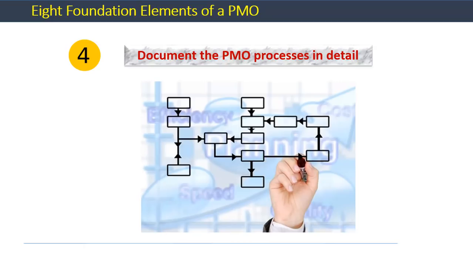So while the PMO Charter simply identifies the PMO processes that will be part of the PMO, the extent to which the PMO will institute those processes should be highlighted in this step. As another example, the PMO may limit its procurement activities for certain items related to its operations, but may not, for example, concern itself with the procurement activities of projects and programs, leaving that activity to the project and program sponsors. So this step documents those types of details.